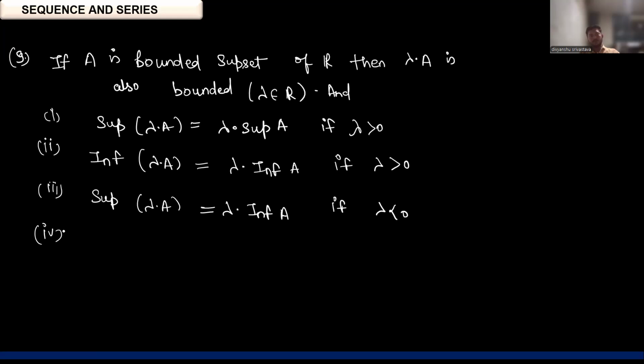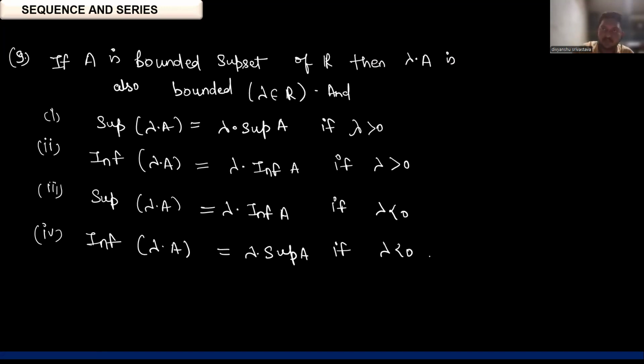And fourth, infimum of lambda dot A is equal to lambda dot supremum of A, if lambda is less than 0. So this is some discussion about infimum and supremum.